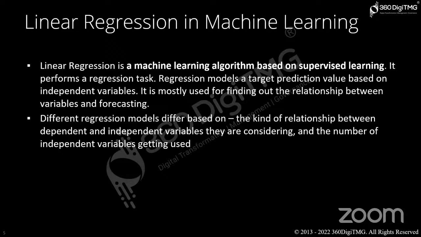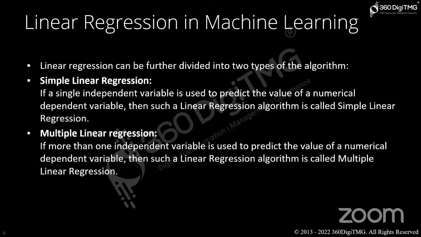We have different regression models, which differ based on the kind of relationship between the dependent and independent variable we are considering, and how many independent variables we are using. Next, linear regression is the relationship between one or more independent variables with respect to the dependent variable. There are two types of linear regression.